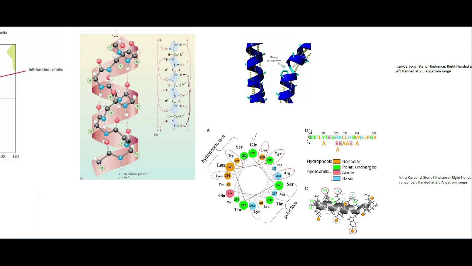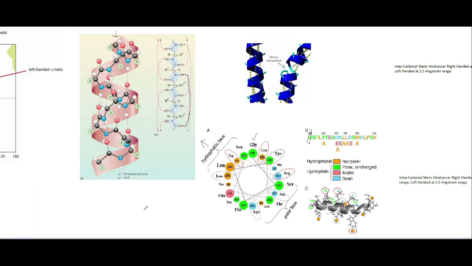And so you can see that this has the hydrophobic face here. We have things like leucine and tryptophan, which form this hydrophobic face, and so this would probably be facing towards the interior of our protein.